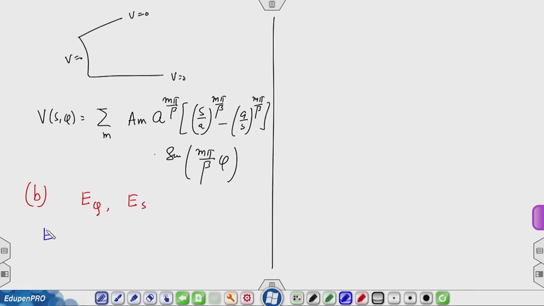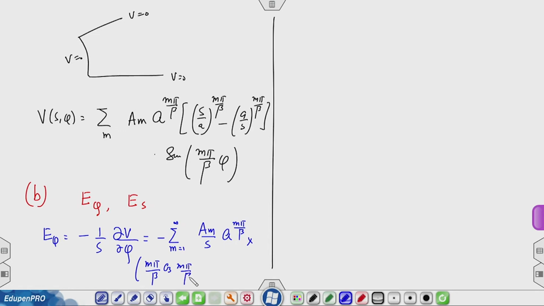So, the phi component of E is going to be minus 1 over s dV over d phi, and this comes out to be minus summation of m equals 1 to infinity, and then I have a m over s a raised to m pi over beta times m pi over beta cosine of m pi over beta phi times this factor, s over a to the m pi over beta minus a over s to the m pi over beta.